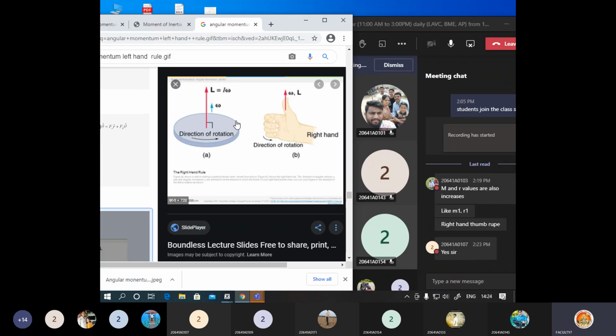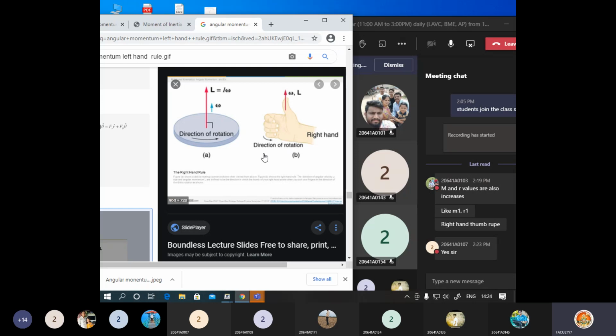Consider the fingers are curled in this direction, which means the disk is rotating in this direction. Now what is the result here? The thumb gives the result. The direction of omega, the angular velocity, is in this direction, and similarly the result L is also in the same direction. So both are in the same direction. Remember the rotation is in this direction, so the result is in the direction of the thumb.